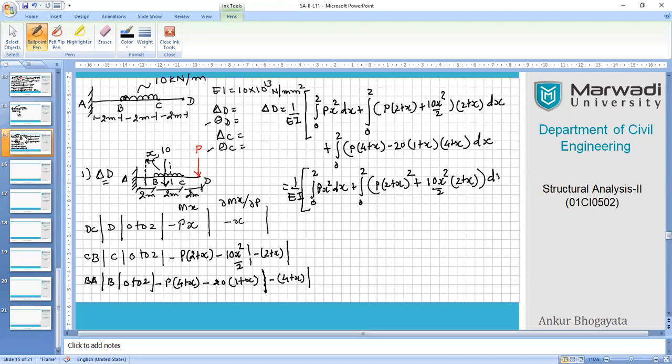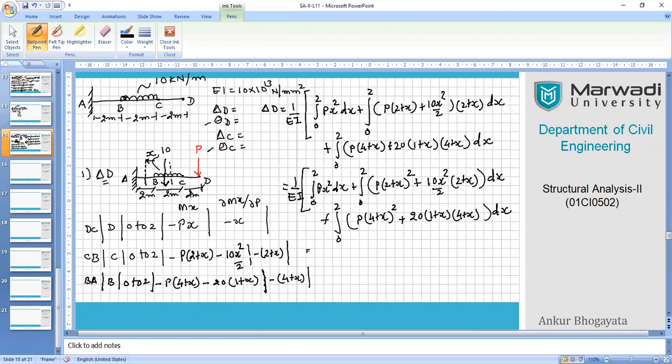So now this completes, and plus third one 0 to 2, will multiply this again, 4 plus x square minus 20 into 1 plus x into 4 plus x dx. Please make sure that we have not made any mistake. This should be positive. Okay, this will be positive.